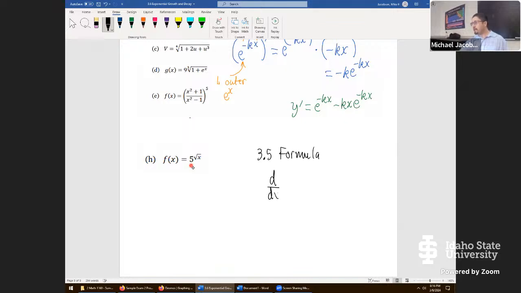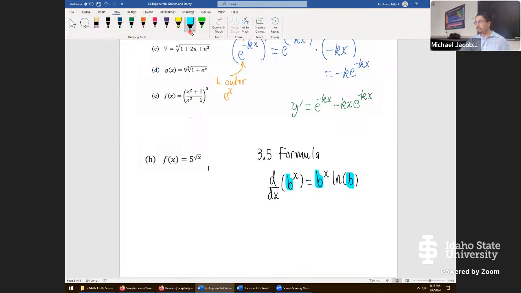The derivative with respect to x of b to the power of x is b to the power of x times the natural logarithm of b. So the base right here is the major thing we have to look at whenever we're dealing with this kind of derivative, because it comes out again in this spot, and then again in that spot.